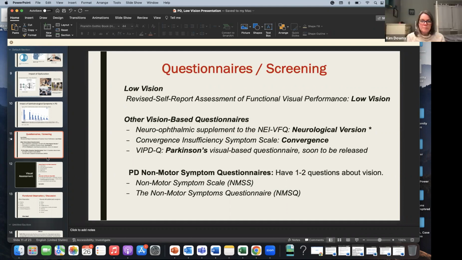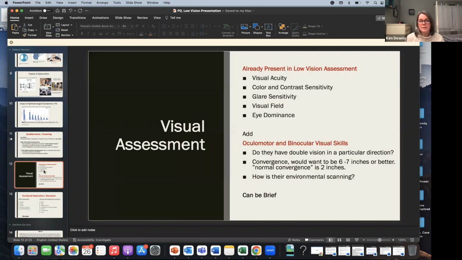And then I'm hoping they'll release this BIPDQ sometime soon. So that's that screen. And then this is the other visual assessment screen, just talking about things to make sure you include. Good to know.